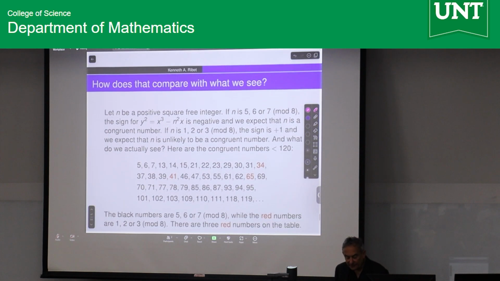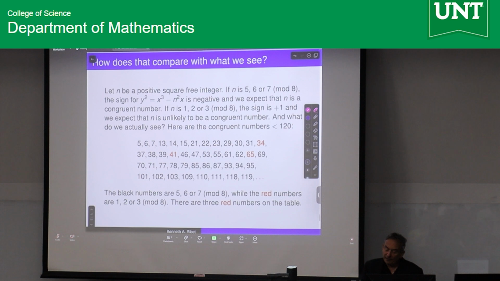And here's the table again. There are 3 numbers in red, 34, 41, and 65. And for those 3 numbers, SageMath will tell you that the rank is actually 2.